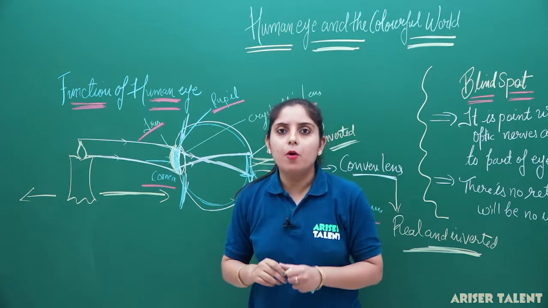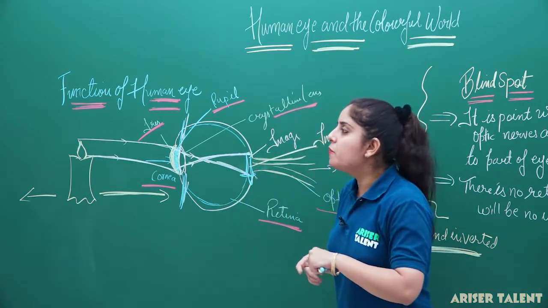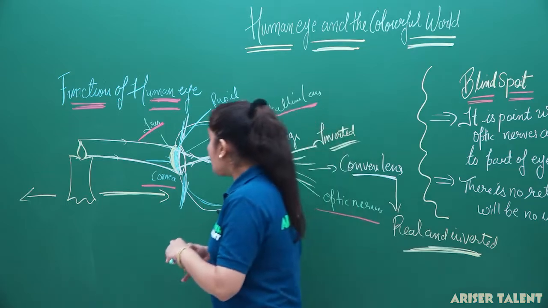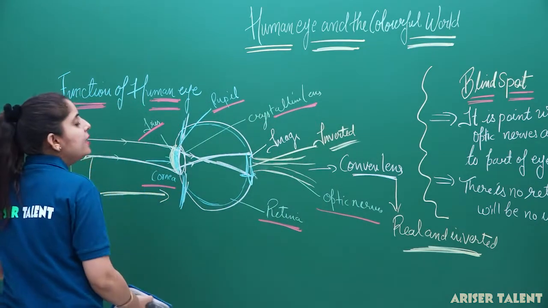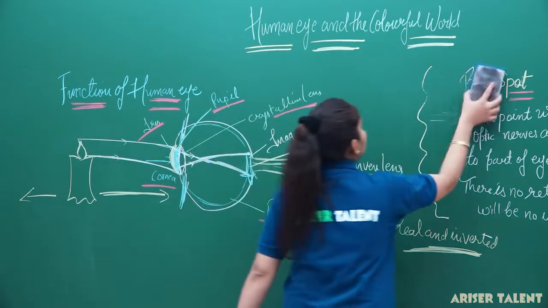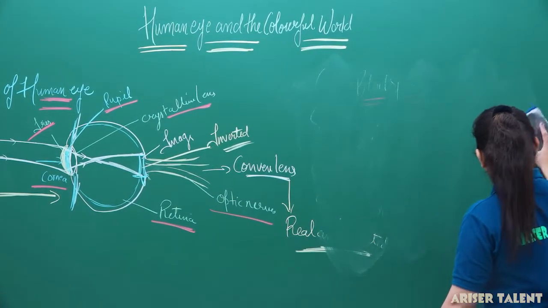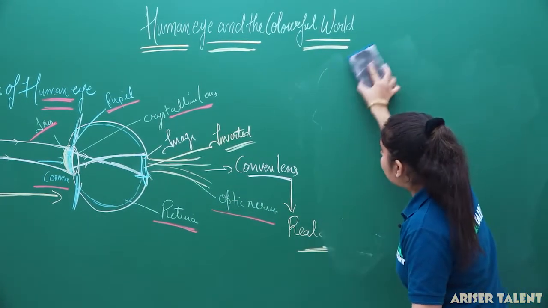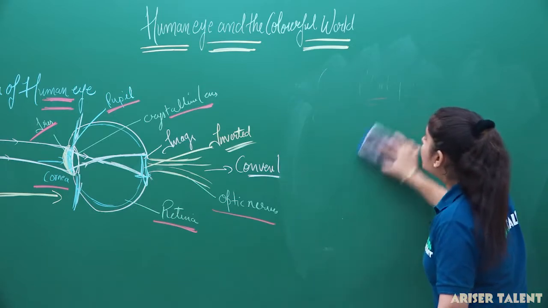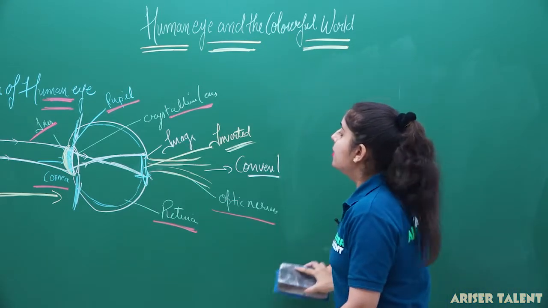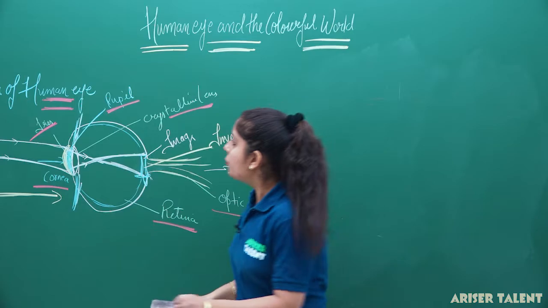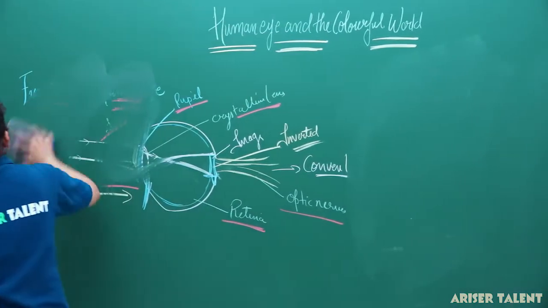So this is all about the functioning of the human eye. This part is very important and a question is definitely going to be asked in your exam about it. Now, continuing, we have a new term, the persistence of vision. We are going to deal with persistence of vision now.